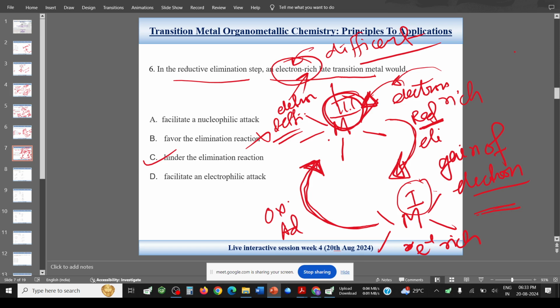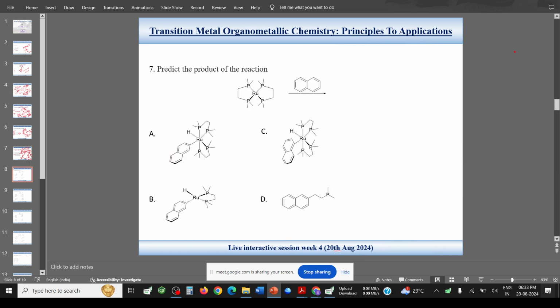No, sir. Okay, so the next question is: predict the product of the reaction. This is a very simple question, and as we were discussing, this reaction is about CH activation. It is one example of a CH activation reaction.